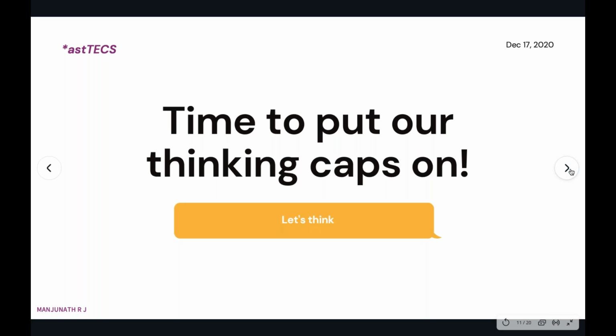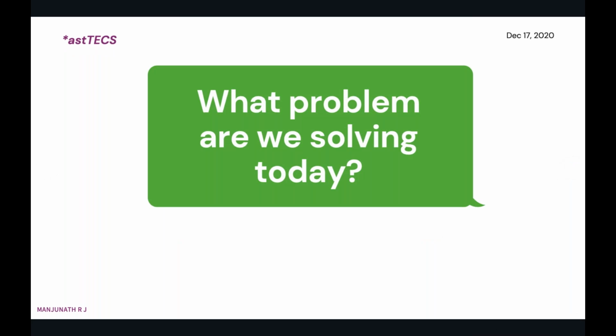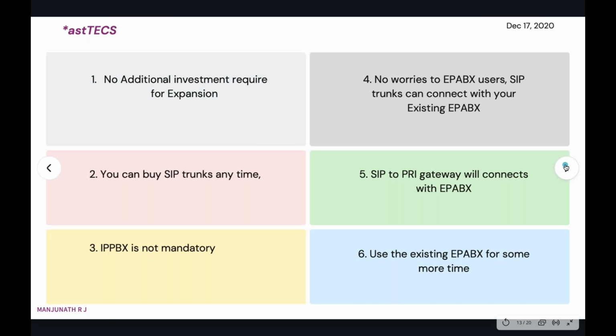Not only that, what are the other things we were talking about? What problem are we solving today? We were running through a couple of slides from the beginning, and we were talking about so many things. What are we actually achieving?